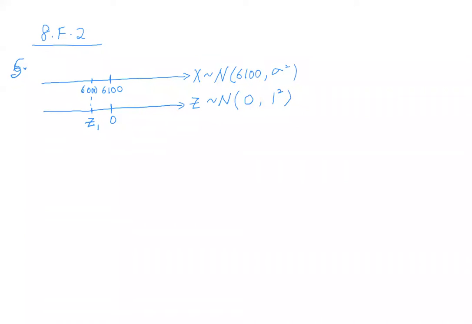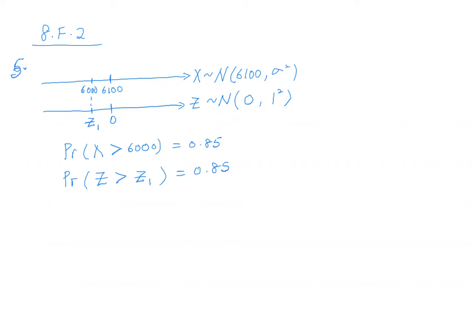Am I right? So the probability of X, income exceeding 6,000, is equal to 0.85. I can also say that the probability of Z greater than Z1 is equal to 0.85.